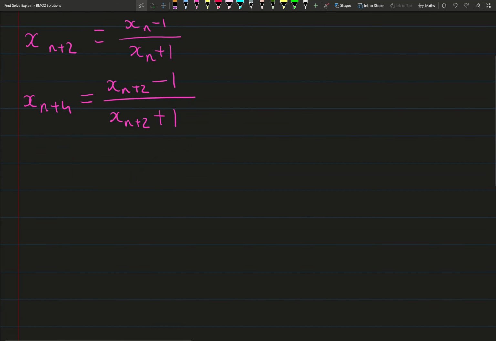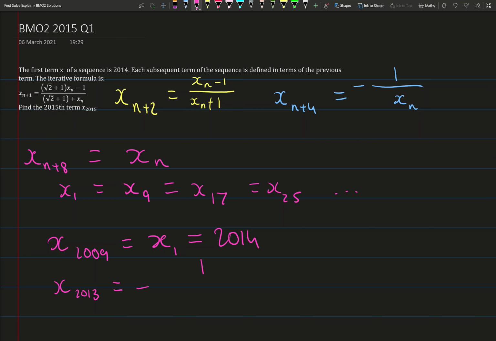From here we can use the blue equation saying that x_2013 equals minus 1 over 2014.